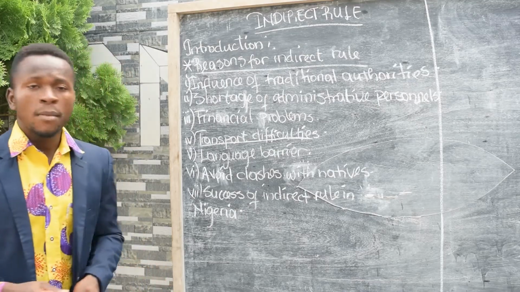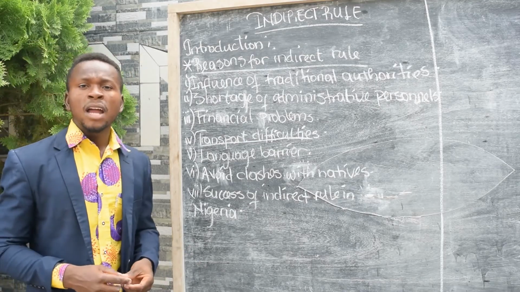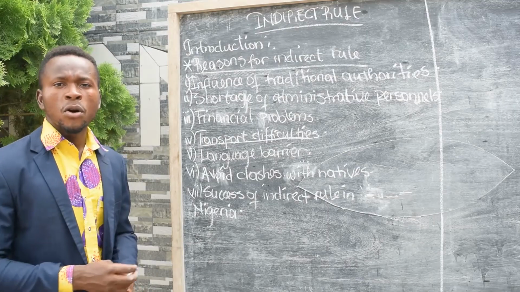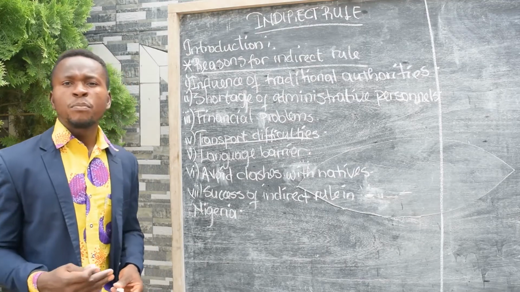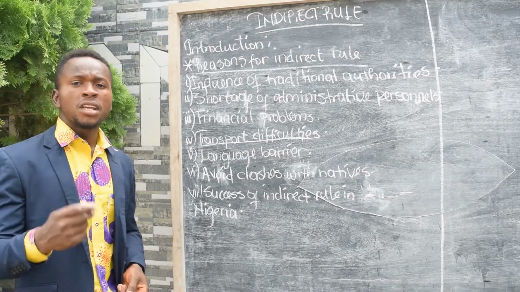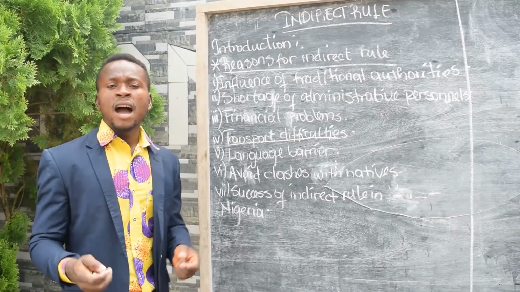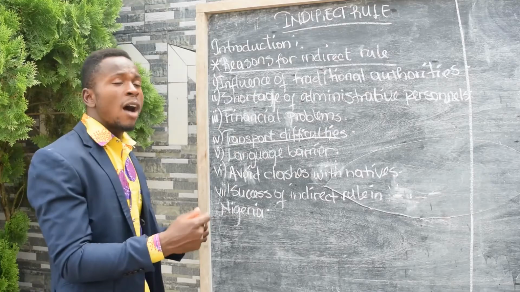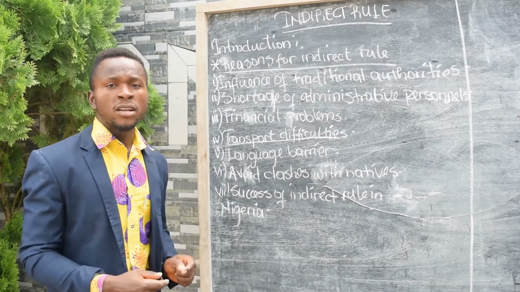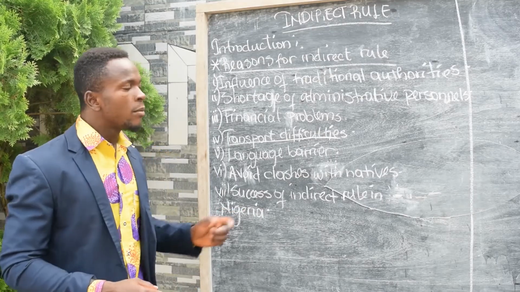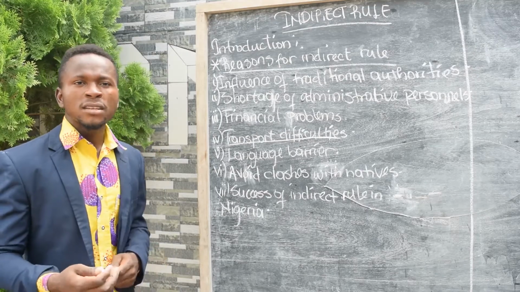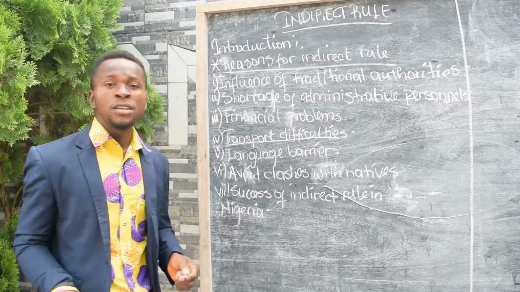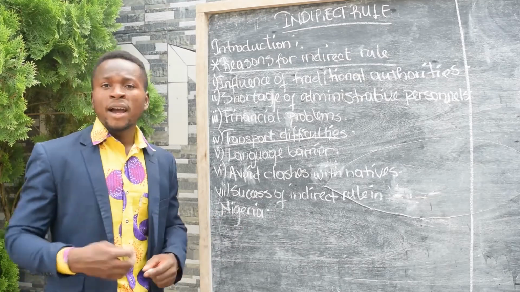And next we'll talk about language barrier. Language barrier was one of the reasons also for indirect rule in Cameroon. The European powers could not easily communicate with the Africans, because most of them, especially in Cameroon, had different languages. Indigenous people had their languages, like some of them speak the Bank language, some speak Bakosi, Akwaya, and all the others.